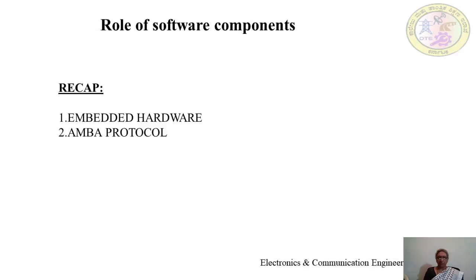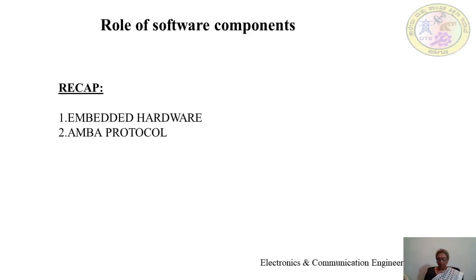Before starting today's session, let's recap the previous session's topics. In the previous session, we had discussed the embedded hardware and AMBA protocol. In embedded hardware, any typical embedded device consists of processor, controllers, peripherals, and the bus.